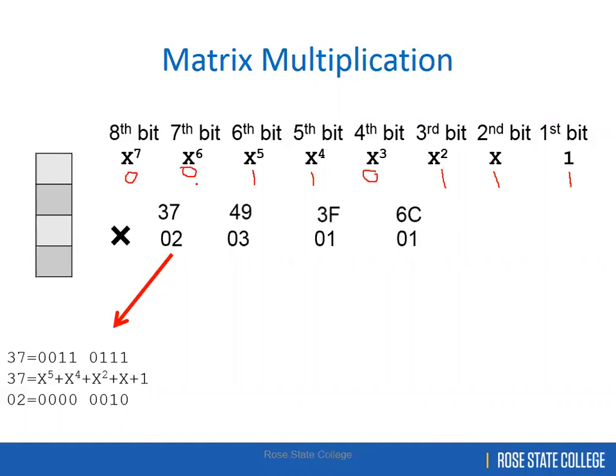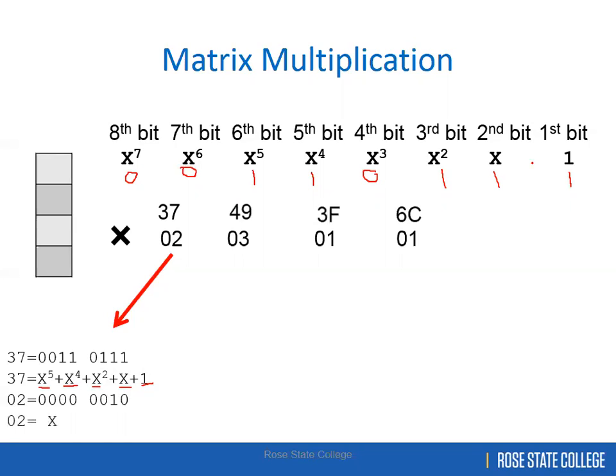How many x to the 6s? 0. How many x to the 5s? 1. How many x to the 4s? 1. So you notice we have 1 x to the 5, 1 x to the 4. How many x to the 3s? 0. Then we have an x to the 2, we have an x, and we have a 1. That's all we're doing. So far, so good? Everybody with me? Okay.